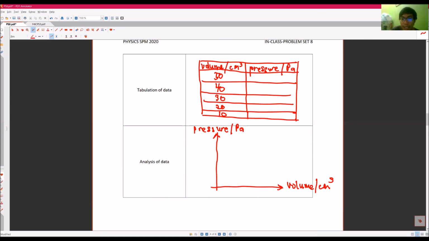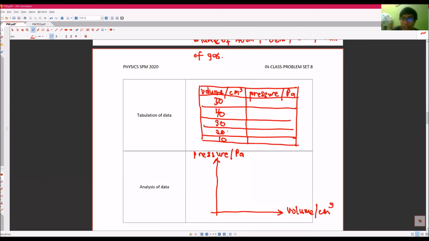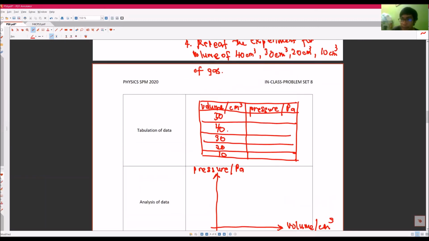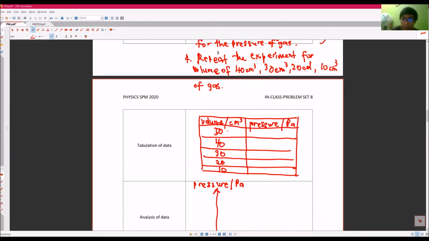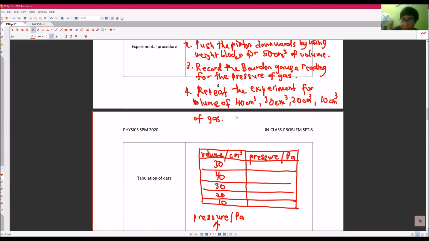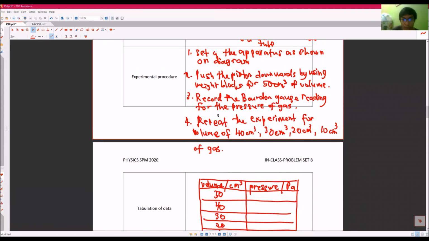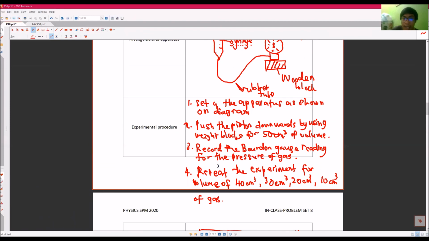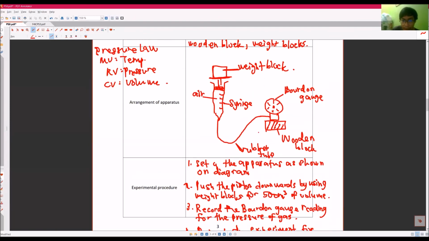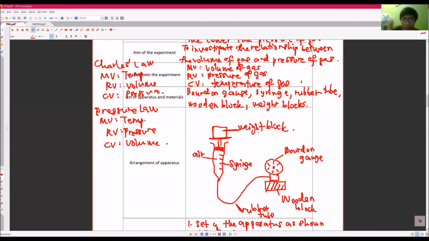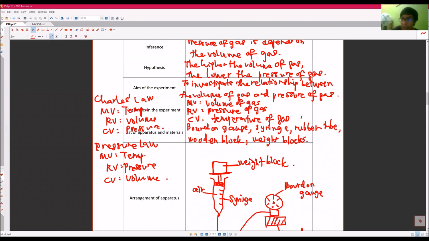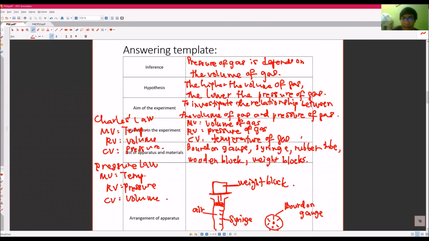Make sure that you do it properly and check bit by bit. Check that you put the unit, check that you have 5 data, and also the procedure and the apparatus. You have to check it many times in order to get full marks.